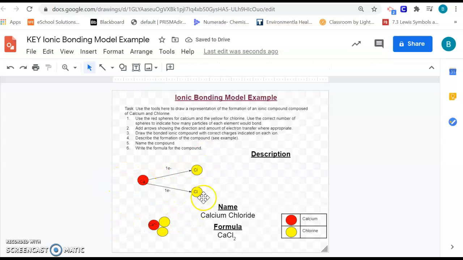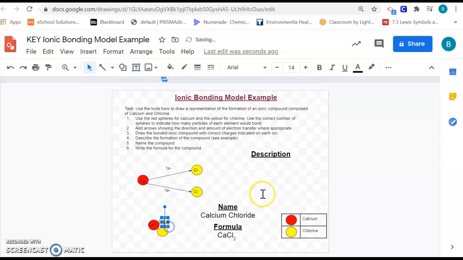Then for our chlorine, they're gaining a negative each. So they're going to become Cl -1. So Cl -1 in the first, and then continuing it for the second.